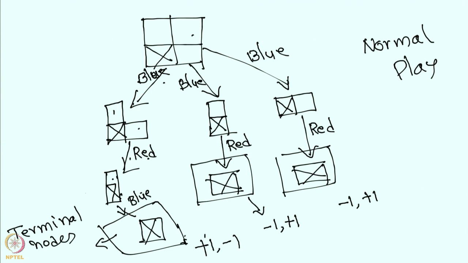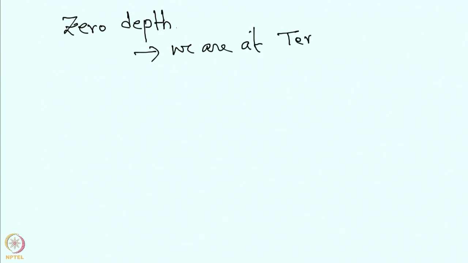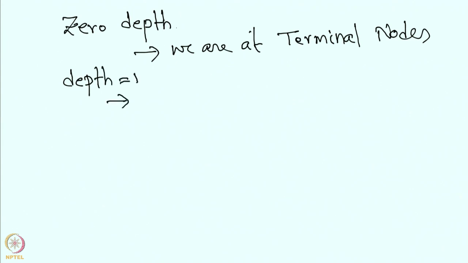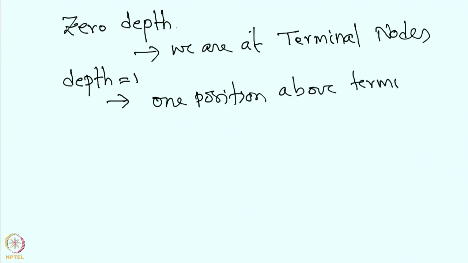When the depth is 0, it means we are at terminal nodes. Depth 1 means one position above terminal. So like this we have the definition of depth.